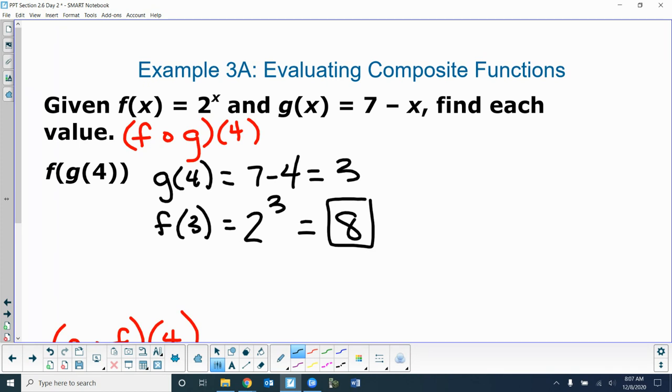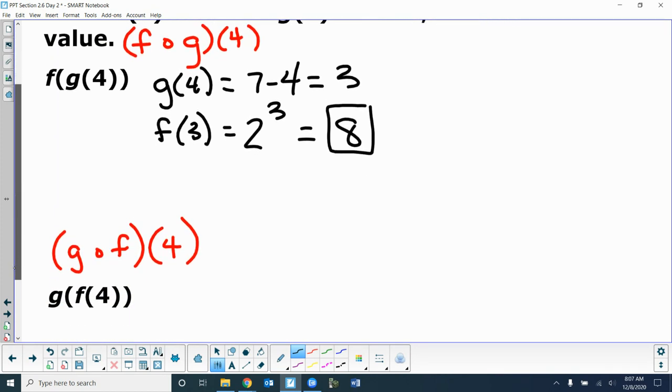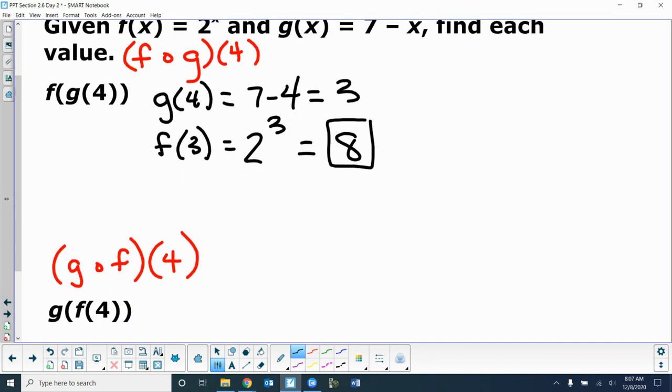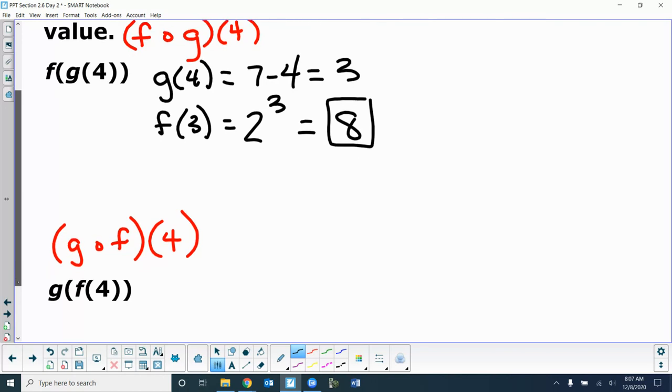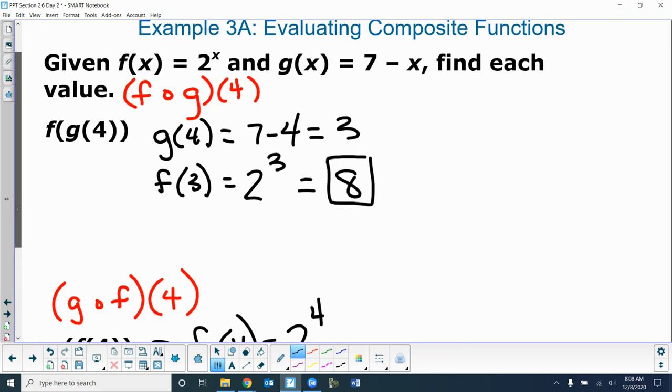Okay. You go the other way, same problem, same 2 functions. All right, this time you're doing f of 4 first. When you switch the order, you do f of 4, which is 2 to the 4th. All right, that was 2 to the x, right?